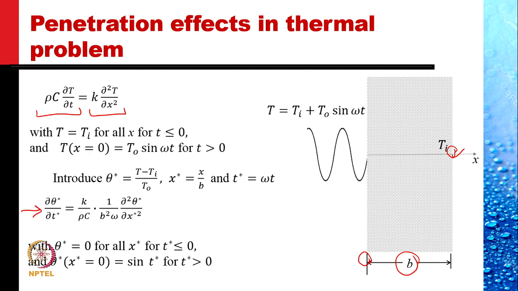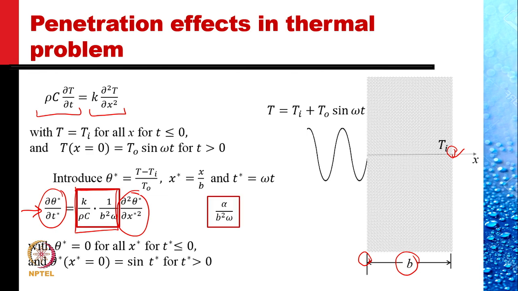With theta star is 0 for all x star and for t star less than or equal to 0, and theta star at x star is equal to 0 is sine t star for t star greater than 0. Here again, if we expect these to be normalized, then this parameter measures the relative importance of the conduction term and the heat storage term.